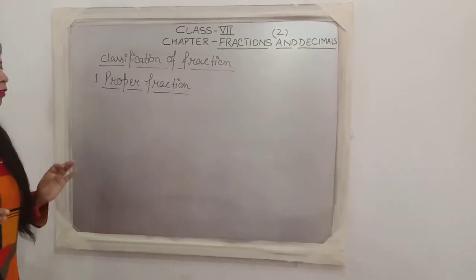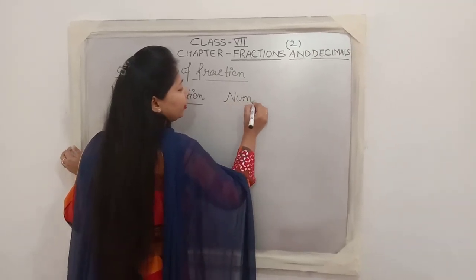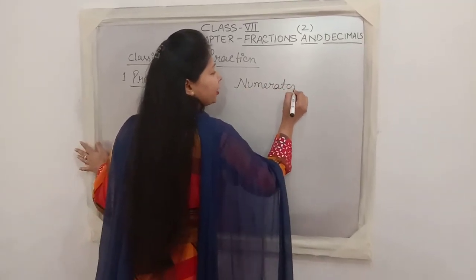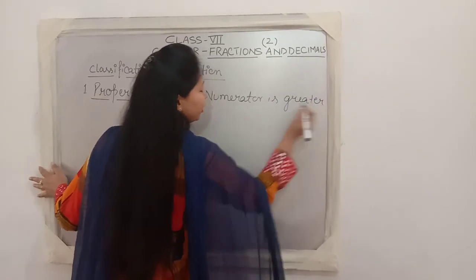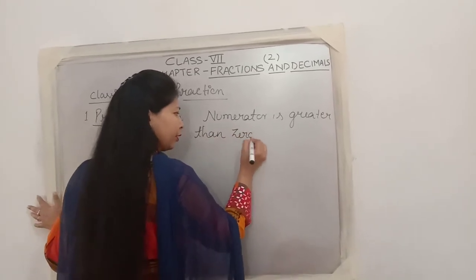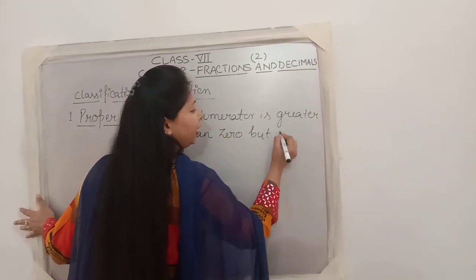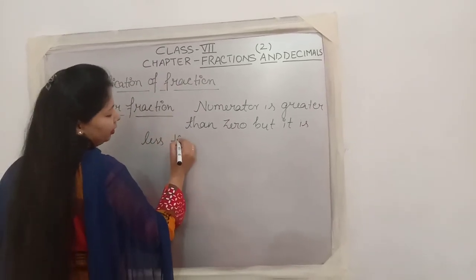A proper fraction is a fraction in which the numerator is greater than 0, but it is less than the denominator.